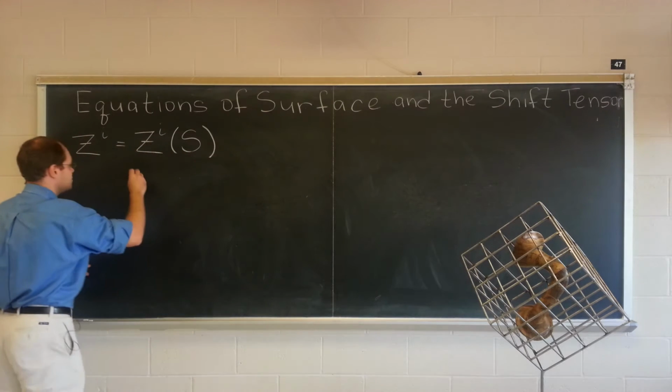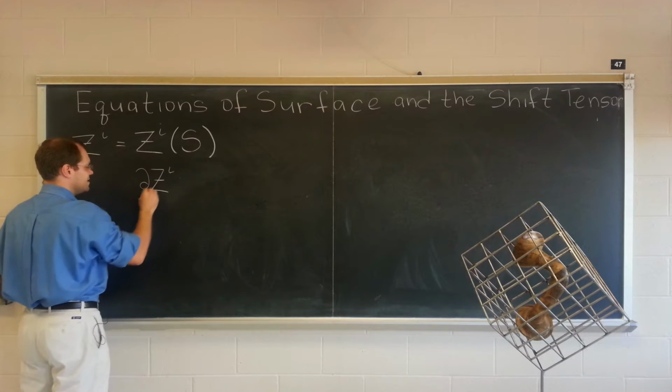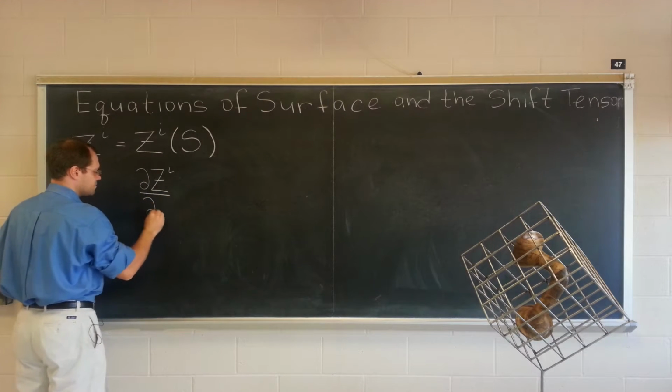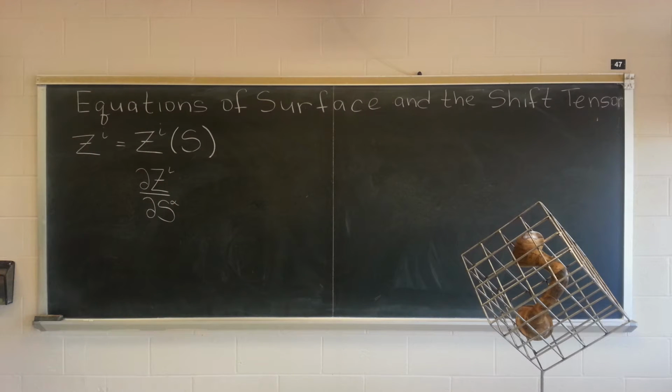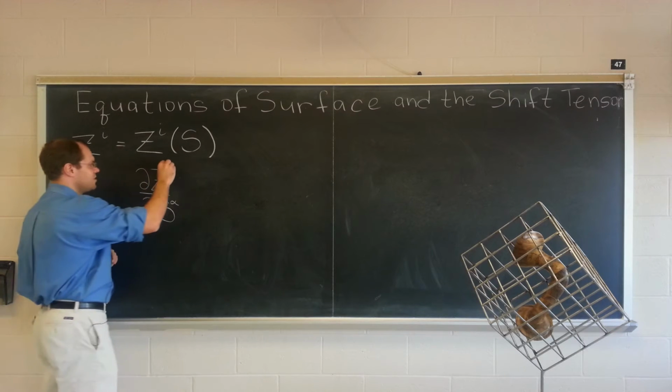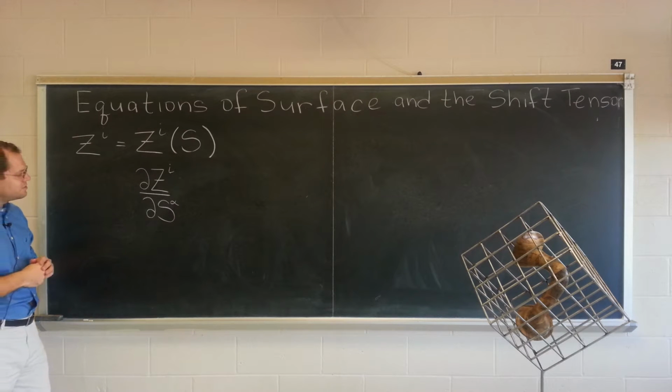And the entries of the matrix are dZi ds alpha. So this is 3×2 values, a total of 6 values.